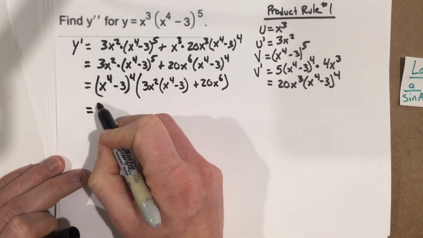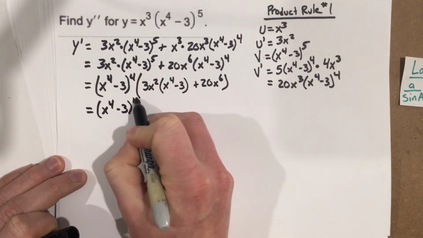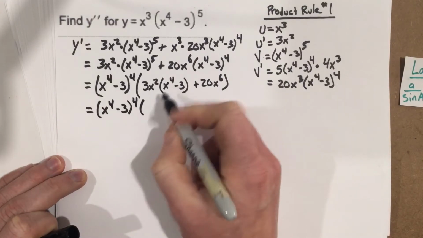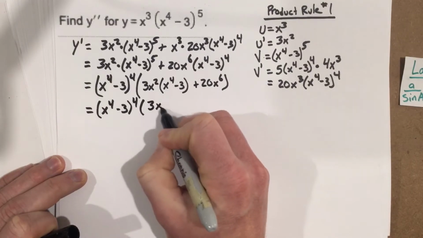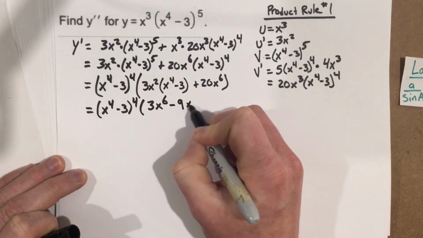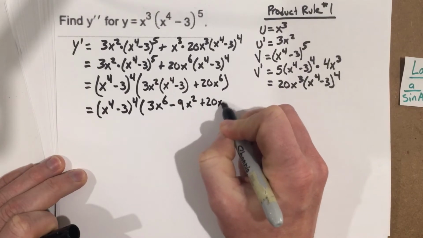Let's do that. (X to the fourth minus 3) to the fourth. And I end up with 3x squared times x to the fourth, which is 3x to the sixth, minus 9x squared, plus 20x to the sixth.